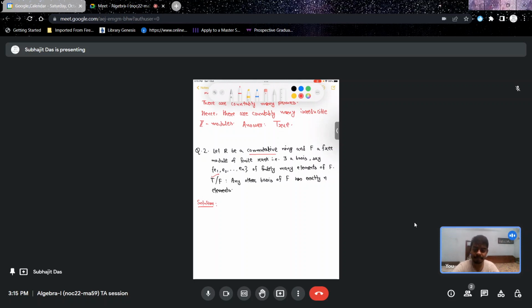Now there is something very popular about vector spaces, that any two bases of a vector space have the same number of elements. So if we started with two bases for the module, one with n elements and the other with m elements, then we come to this vector space and we obtain a basis with n elements and a basis with m elements in the vector space. But since it's a vector space over the field, that means n has to be equal to m, right? And then we are done.